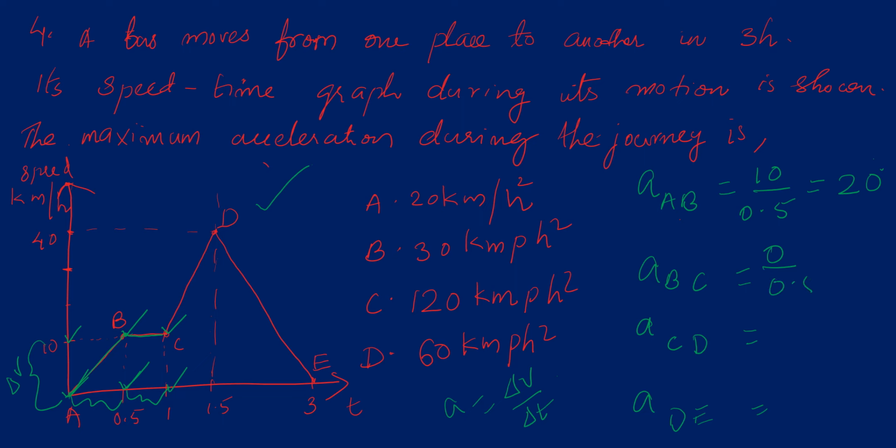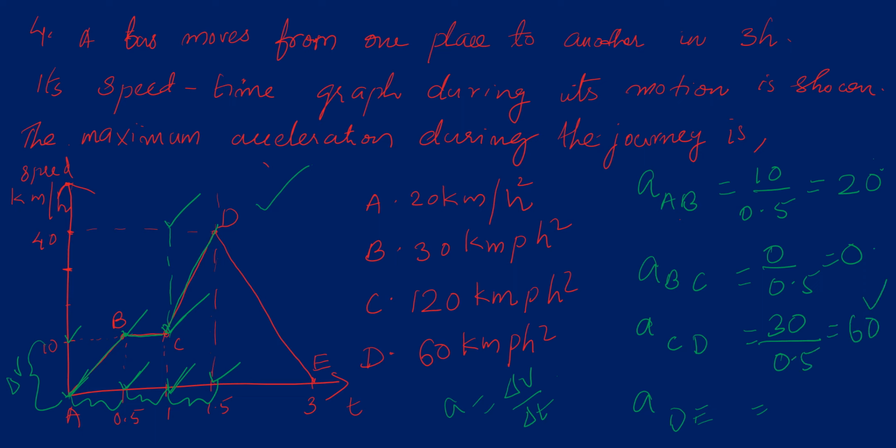So it is 0. From C to D, the change is from 10 to 40, that is 40 minus 10, 30, divided by time from 1 to 1.5, so 1.5 minus 1, that is 0.5, giving 60.